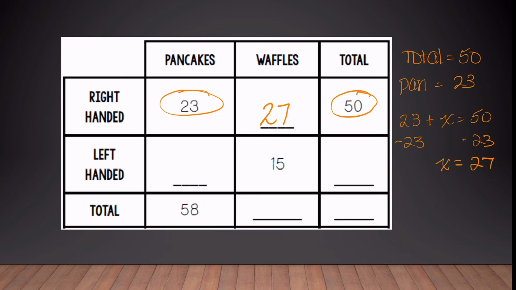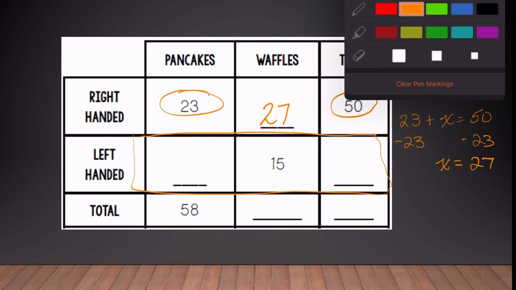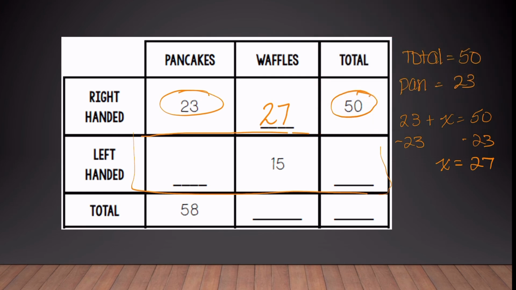So I got to look here. I really can't do anything on this left-handed column. The reason is I don't have enough information. But there is enough information to go start filling in other areas. So you can take your pick, okay? You have the ability to figure out how many left-handed people prefer pancakes. We can shift our focus now and go this column and do the same thing we just did.